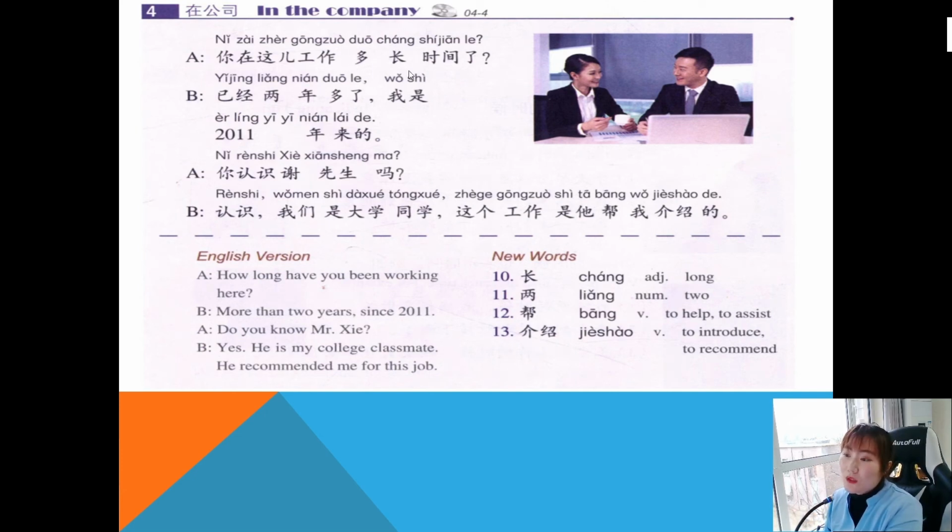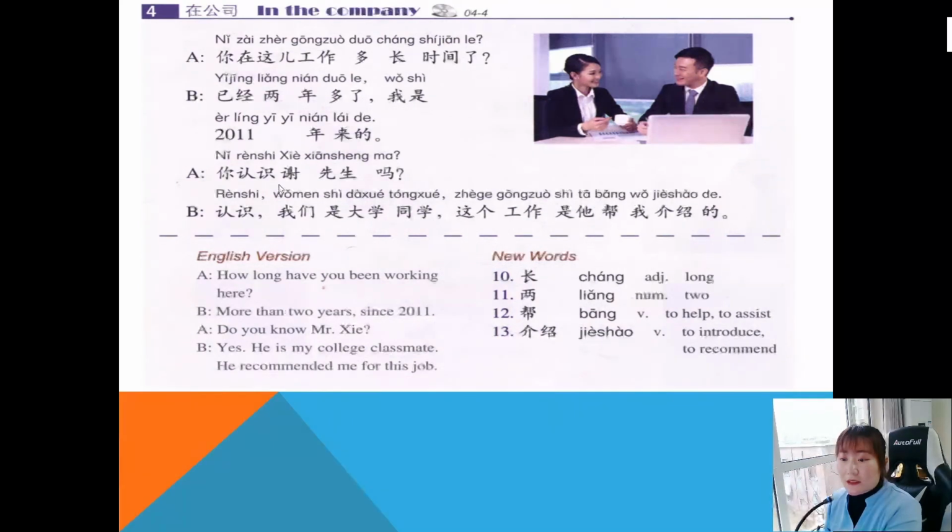So how long? 多长时间 How long means 多长时间 So have you been working here? 你在这儿工作 But we need to put the special question words, this one, at the end of the sentence. 多长时间 We don't say 多长时间你在这儿工作了 No, but in English sentence order we use how long at the beginning of the sentence. Try to remember the sentence order, okay?